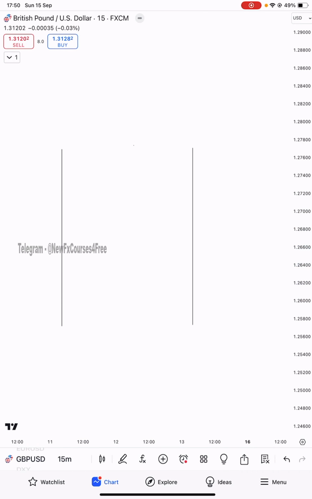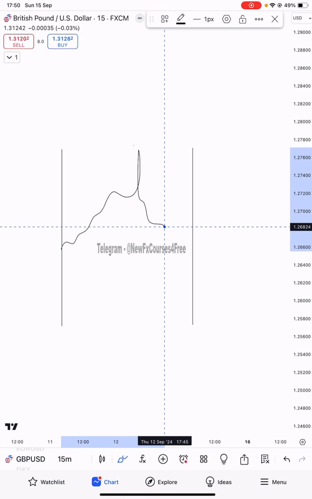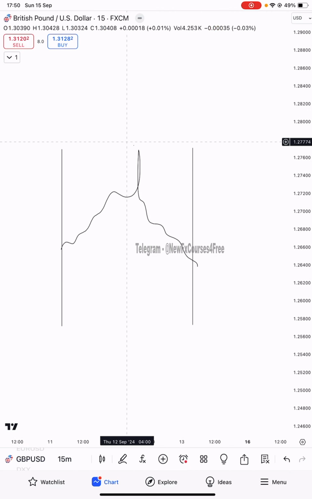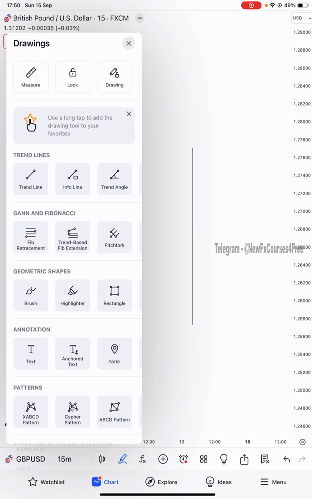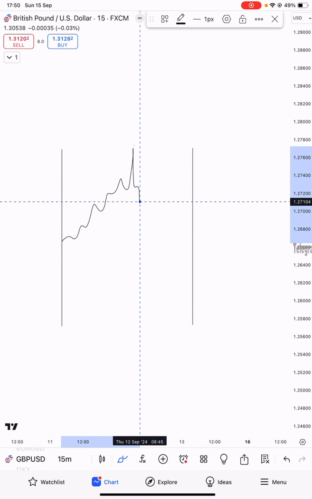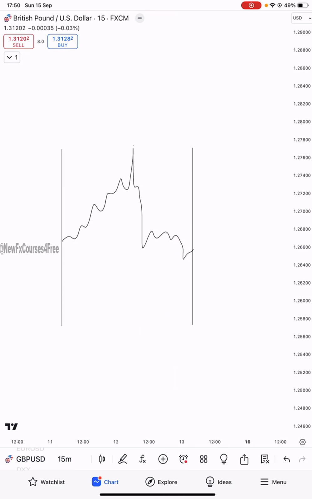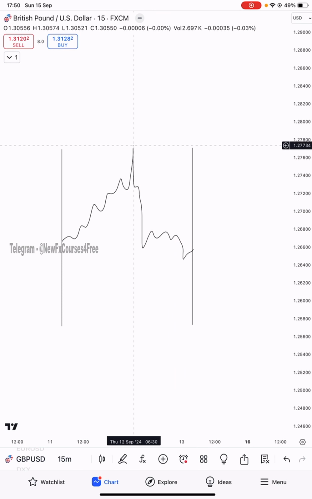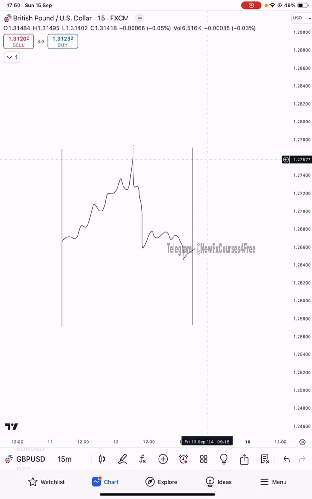Otherwise, it will be reached towards 11, because it's the midpoint in time of the candle. So if it reaches the key level at the midpoint in time, 11 o'clock, then it will be a pin bar. Every other time it's low probability.